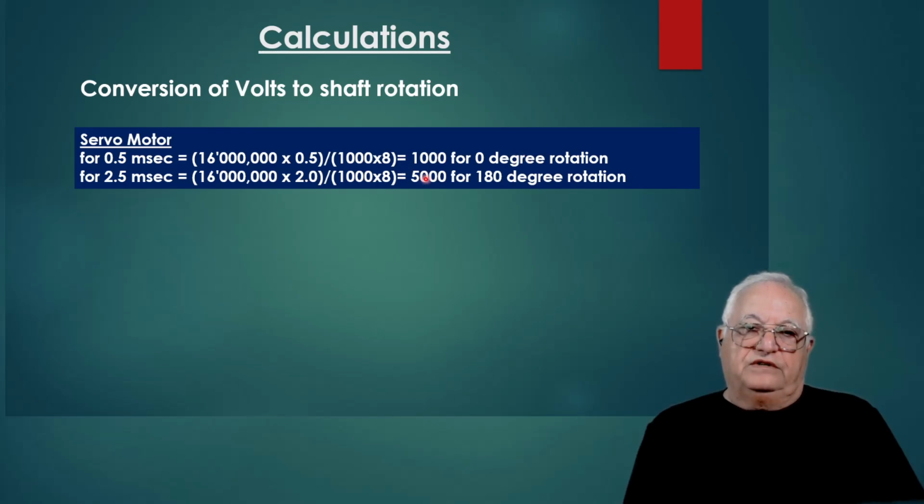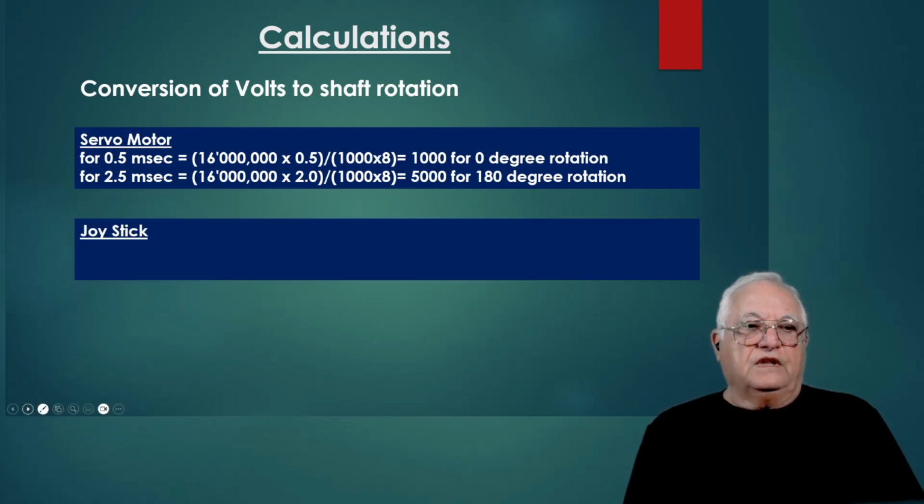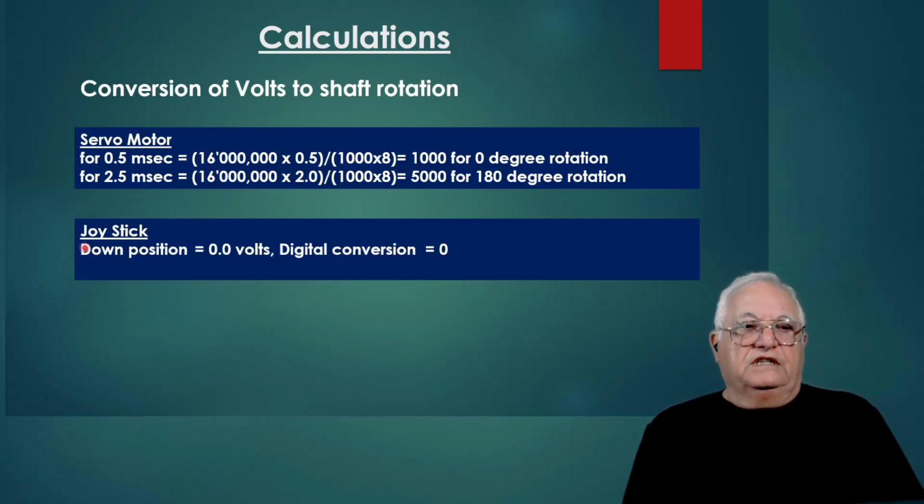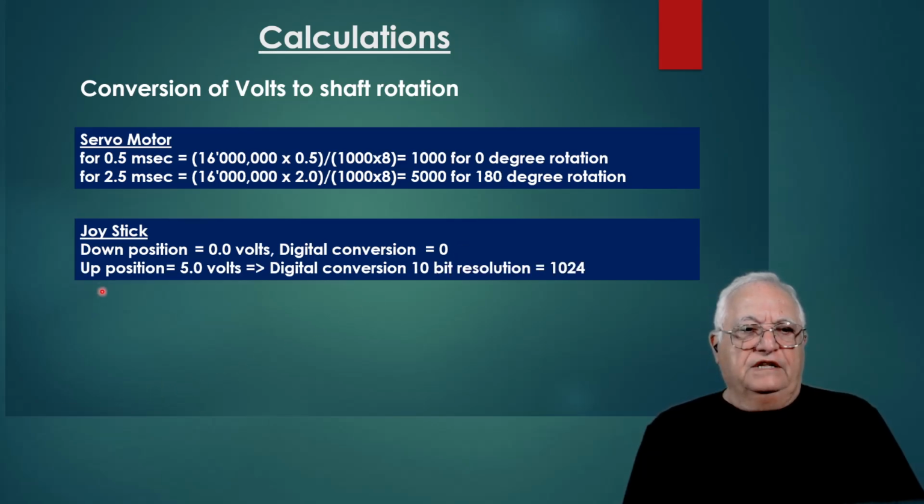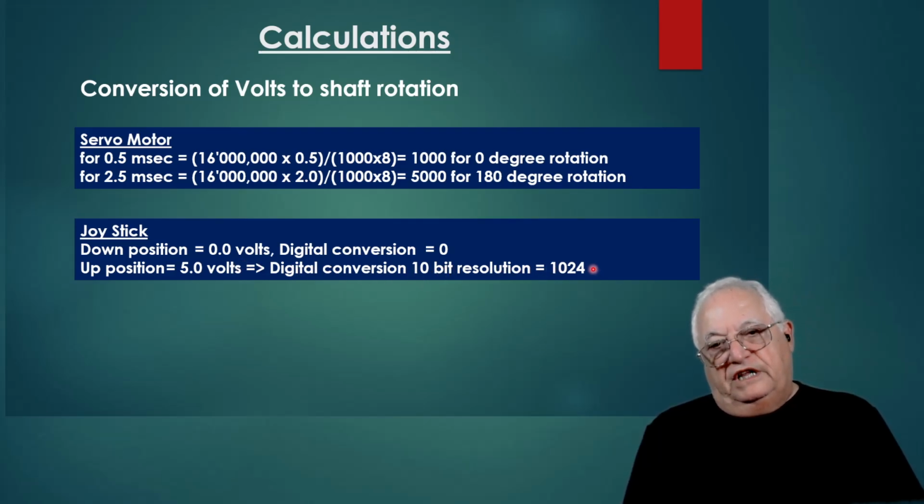If it's 5000 ticks, then the motor moves to 180-degree rotation. So now let's look at the joystick. Down position, 0 volts, is going to be 0 digital conversion. Next, 5 volts, which is the up position, digital conversion with the 10-bit is going to be 1024.